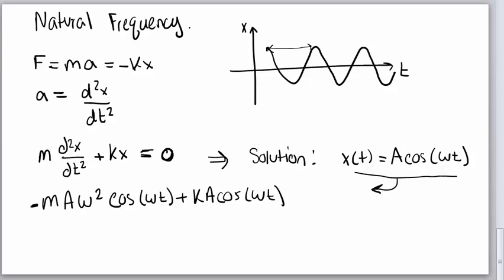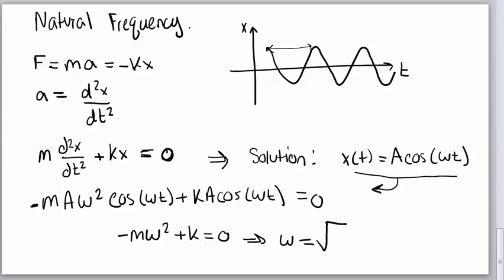So I've taken the second derivative of the x function and plugged it in here, plus kx, and that's equal to 0. If we divide by a cosine omega t, we're left with minus m omega squared plus k equal to 0. Then we can solve for omega. So omega is equal to the square root of k over m.